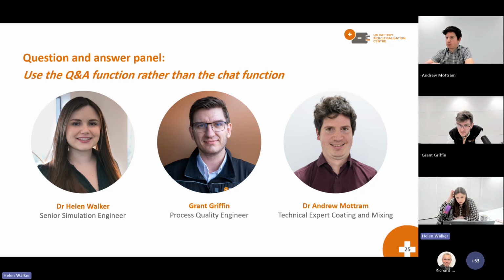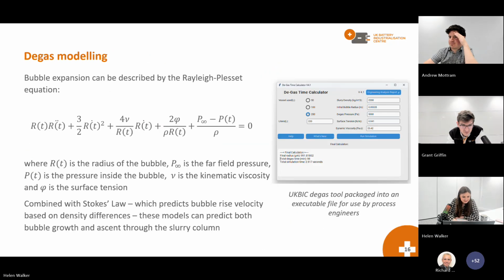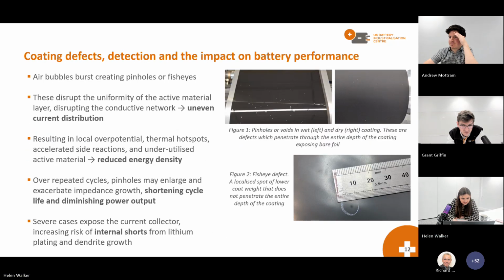Okay, so we've got, what is the white thing in the fisheye defect in slide 12? One moment, I'll just go back. Okay, so we've just circled the defect with a chalk. I'll let Grant talk on this one. Yeah, there are some white china graph pencils, I believe they're called.